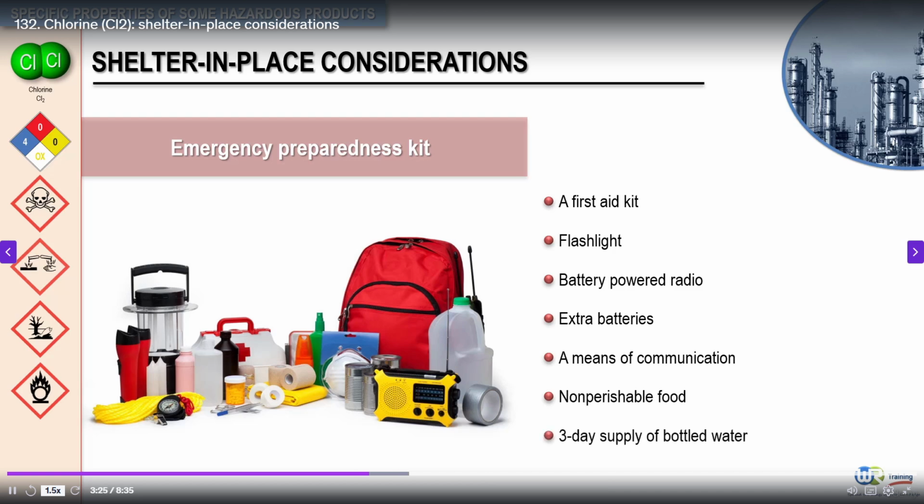In order to be best prepared for a potential chlorine incident, the emergency kit should also contain the following additional items: towels, along with an easily accessible indoor water source like a sink, duct tape, and plastic sheeting.